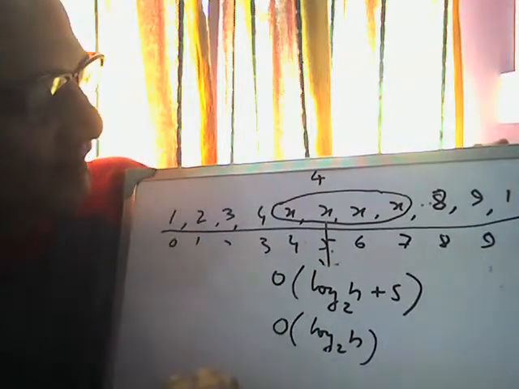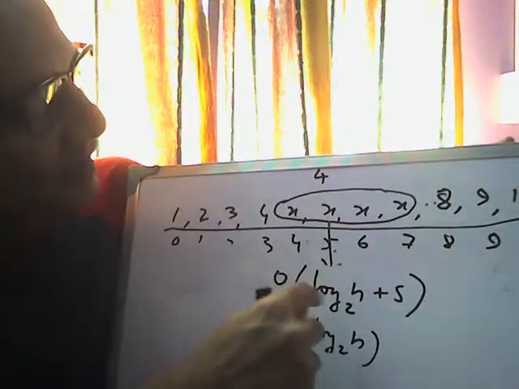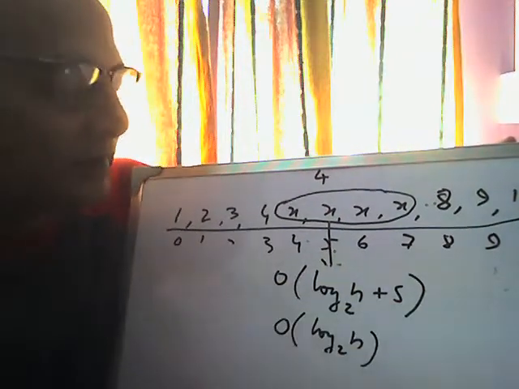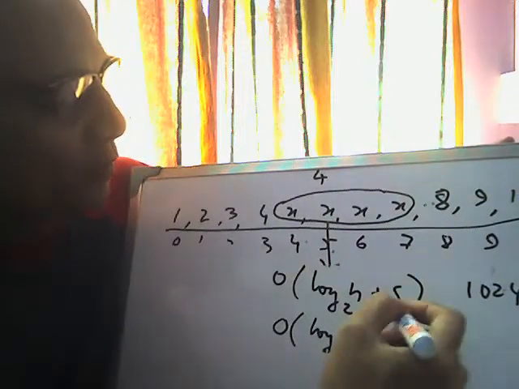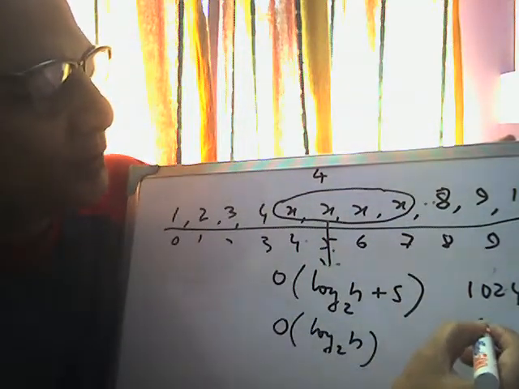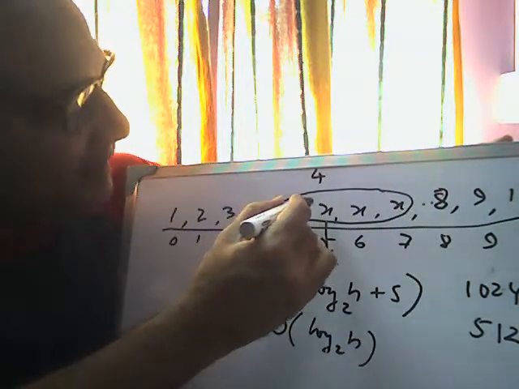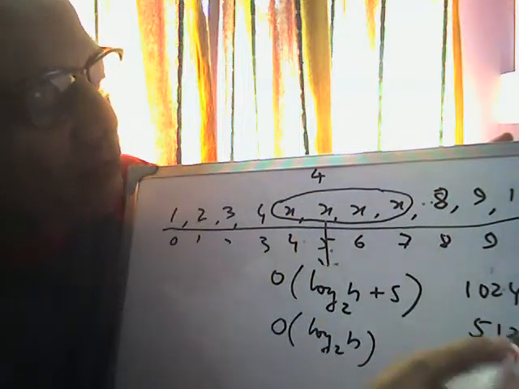Not always better, but it is definitely better when n is very large. Suppose n is 1024, and the number of duplicate elements is 512. Suppose this x element occurs within this sorted array 512 times.